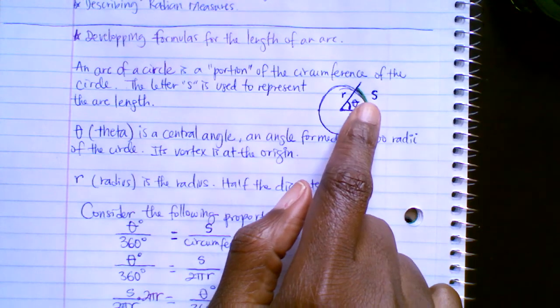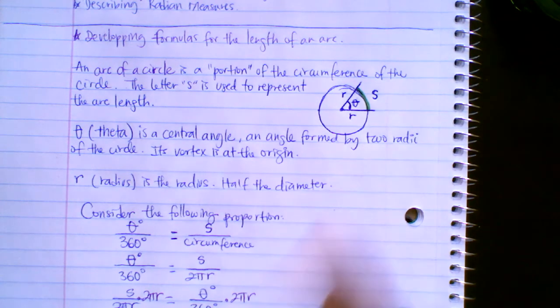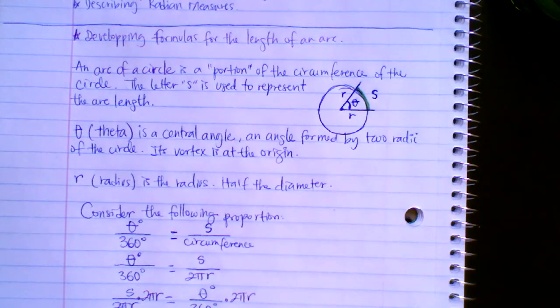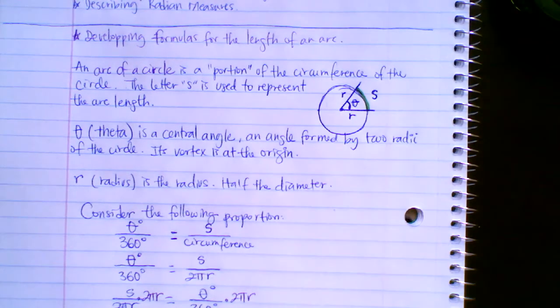I drew an example to show you visually what an arc is, so the answer should be option C. Now can you draw a circle with its radius, the central angle, and the arc S? I'm just making sure you can do something similar to this. I hope you now have a better understanding of the meaning of the arc of a circle.